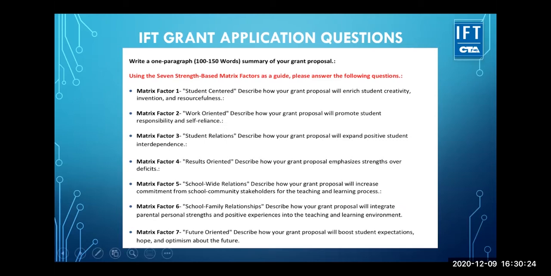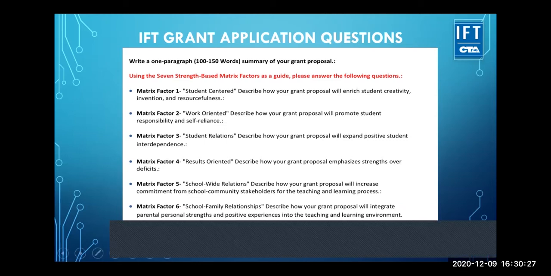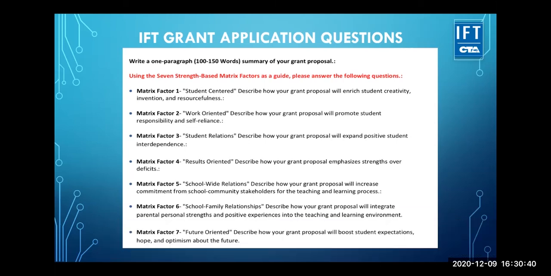Matrix factor number 6 is the school-family relationships. And that's really describing how you're going to build that relationship with your families. How are you going to get that parent involvement and engagement? What piece are they going to be involved with? A lot of times people say, well, we're high schoolers.